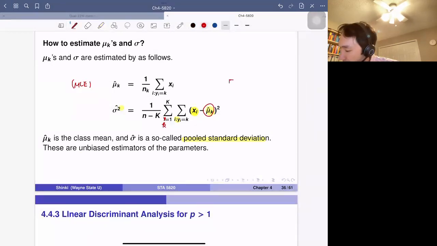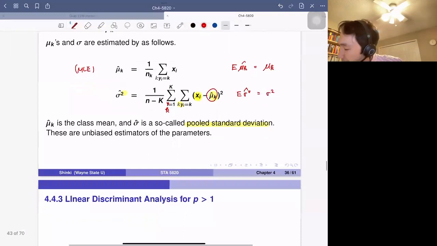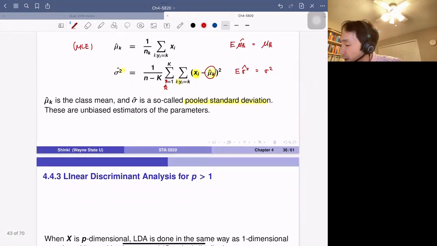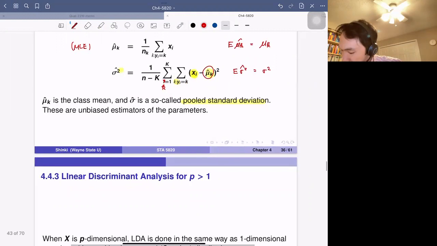That means the expectation of mu k hat is equal to mu k, and the expectation of sigma hat square is equal to sigma square. So it has some noise, but on average this is correct. If we have many data sets, on average this is correct.